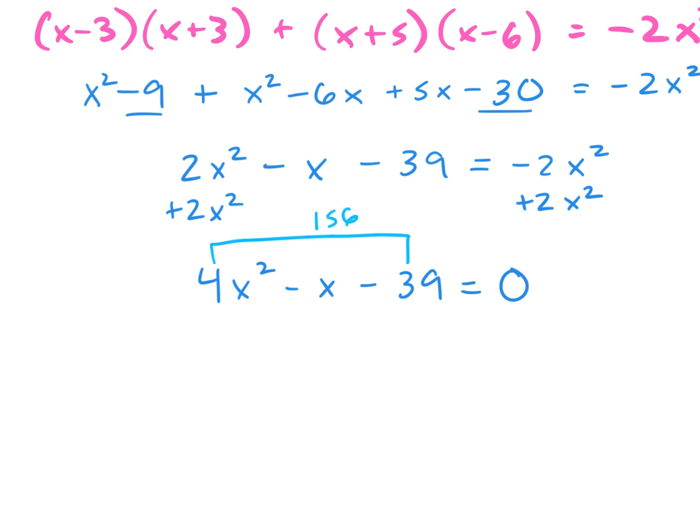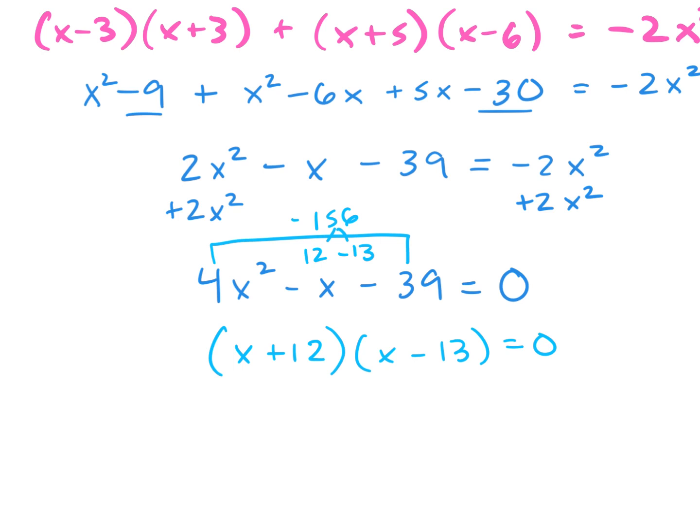Awesome. Do we have two factors of negative 156 that add to negative 1? 12 and 13. Which one's negative? 13. So here this factors into x plus 12 and x minus 13.